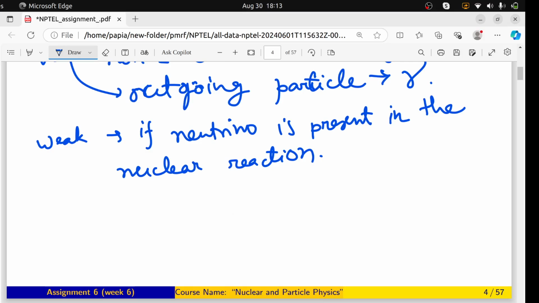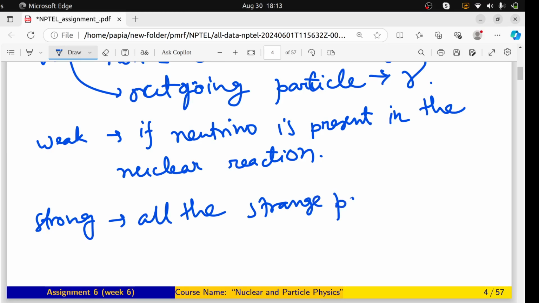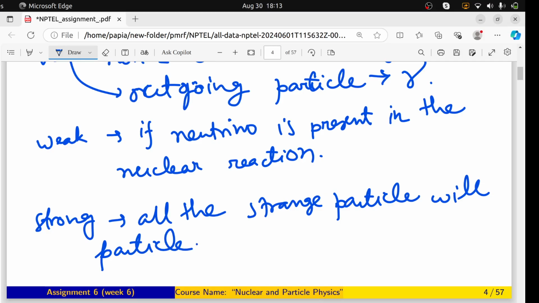Now coming to strong interaction, how do you understand what is a strong interaction or not? For strong interaction, most probably all the strange particles will participate. Strange particles are the particles which have a non-zero strangeness quantum number, either +1 or -1, +2, -2, -3, and so on. If the strangeness quantum number is non-zero, the particle is a strange particle.